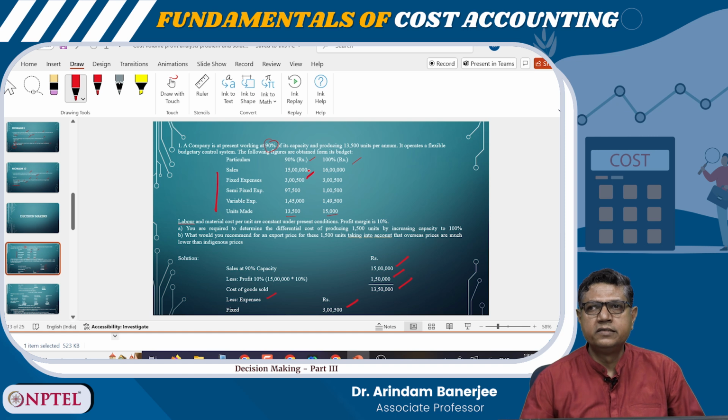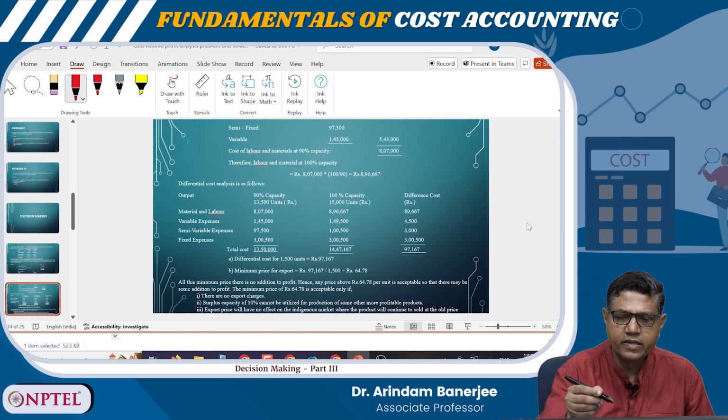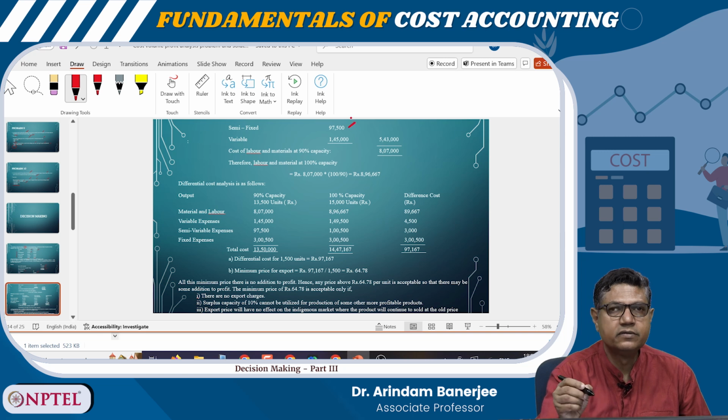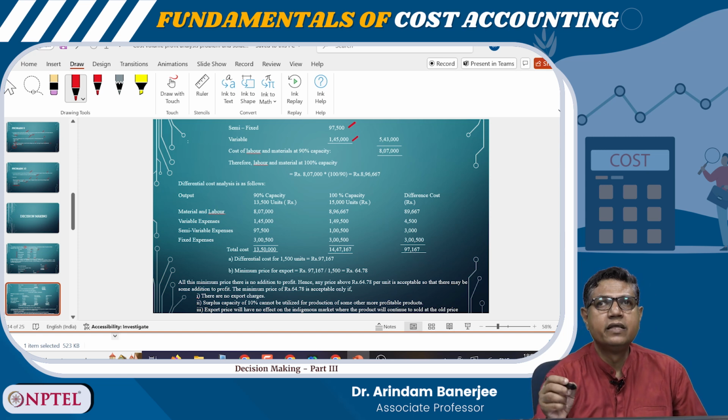Semi fixed expenses 97,500, given in the question. Variable cost is 1 lakh 45. So, if you make the total, it comes to 5 lakh 43,000.